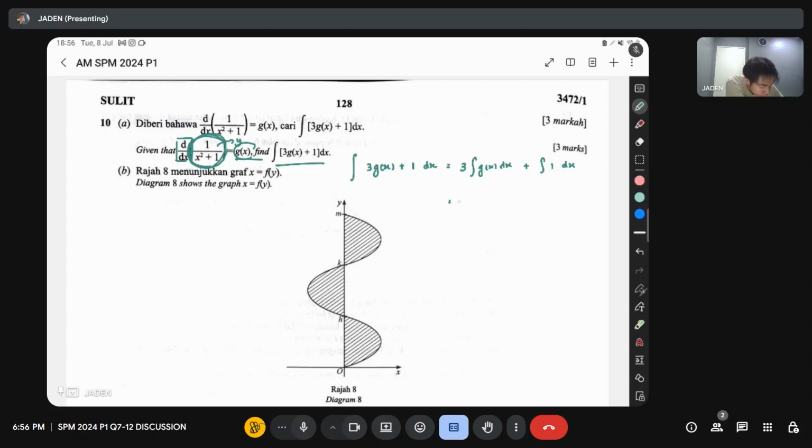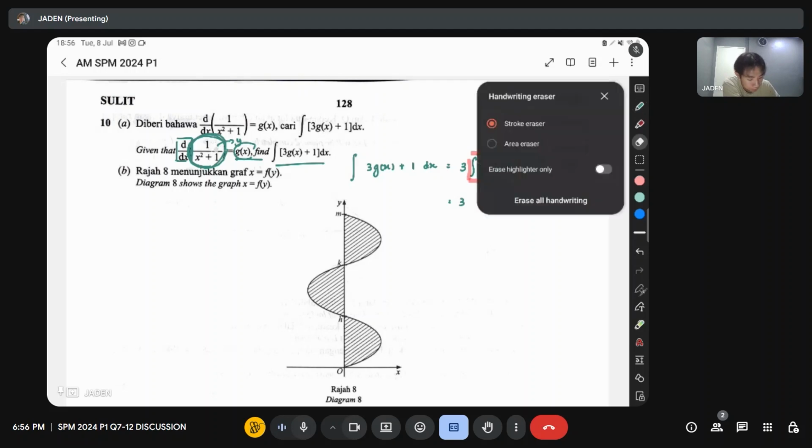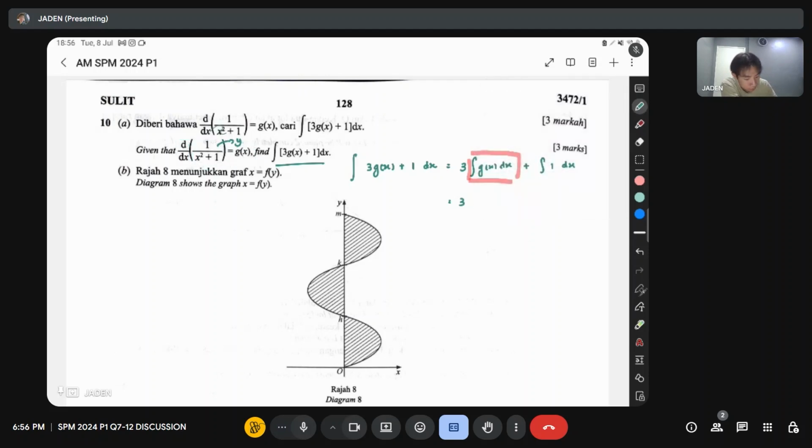Because of the 3, now, if you integrate this one, what does that mean? See, when you differentiate this, you get gx. So gx alone is the complete dy dx. This is the result after you differentiate already. But right now, you integrate the dy dx. If you still remember in chapter 3, if you integrate dy dx, what do you get?